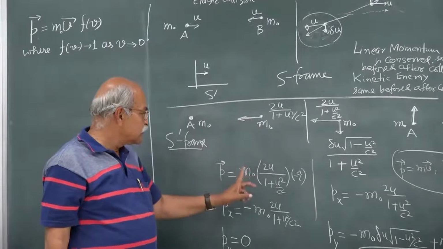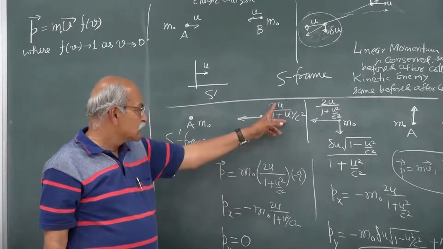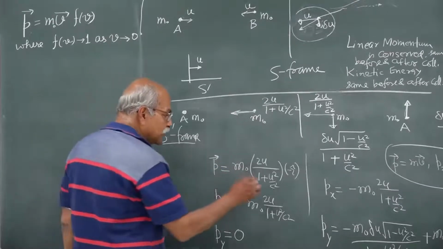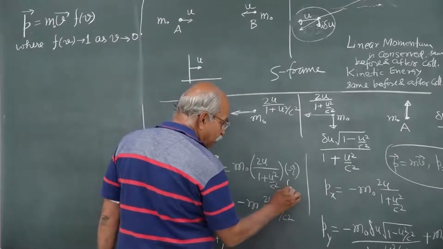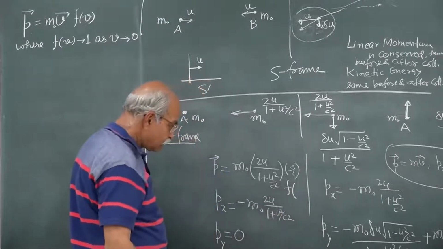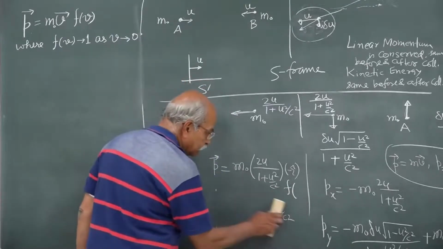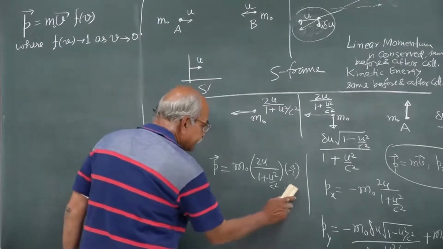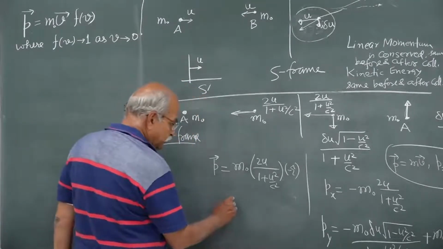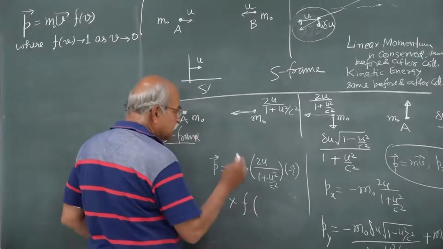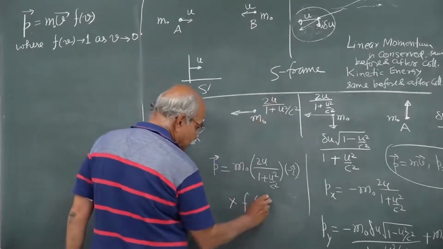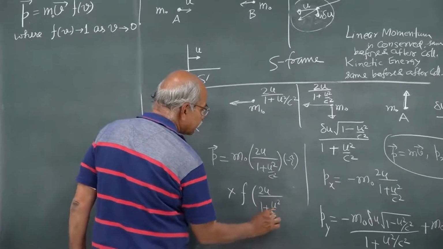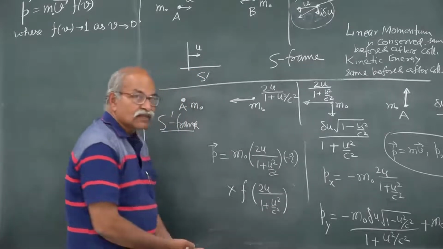Here the linear momentum is m naught into this velocity, that gives me the direction, and this should be multiplied by f of velocity, and velocity is this: 2u divided by 1 plus u square by c square.